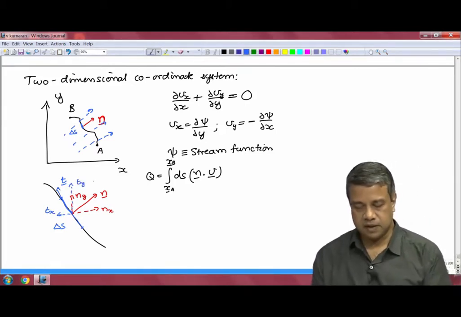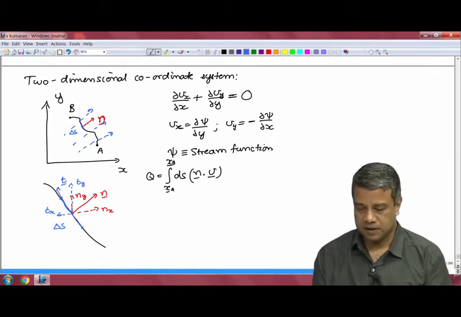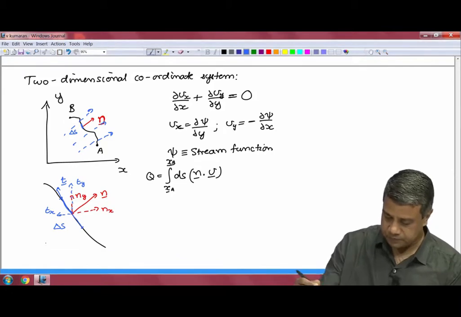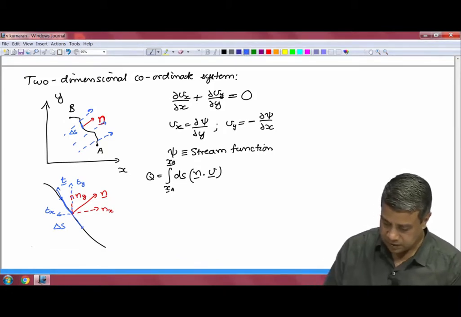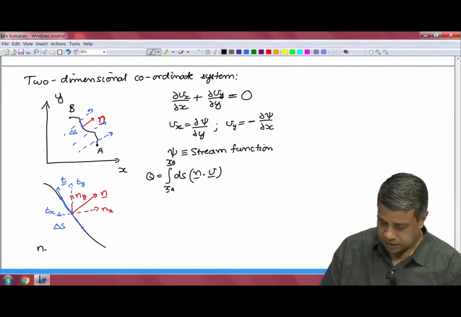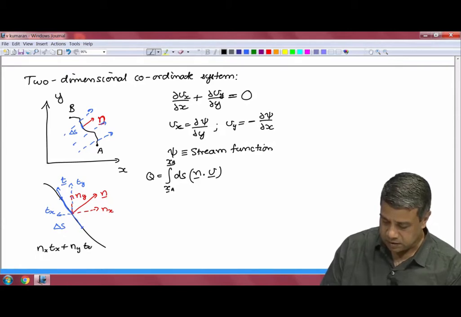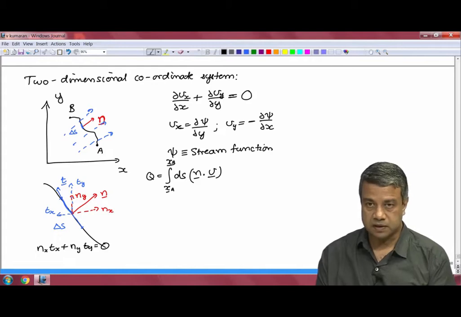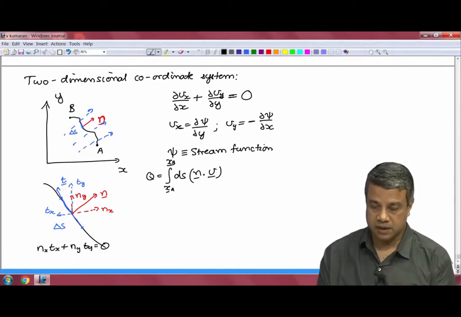So, t is perpendicular to n, and what that implies is that nx tx plus ny ty has to be equal to 0, and both of them have to be unit vectors. So, nx square plus ny square is 1 and tx square plus ty square is equal to 1.